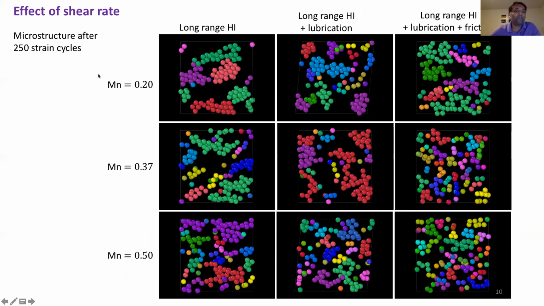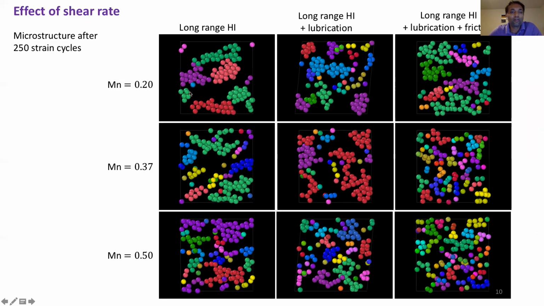Now we'll explore the effect of shear rate. What you're looking at is the microstructure after 250 strain cycles for three different strain rates, indicated by the Mason number 0.2, 0.37, and 0.5. As you go down, the shear rate is increasing, and the gel structures for the three modules are shown here.